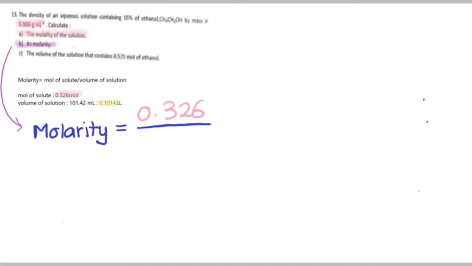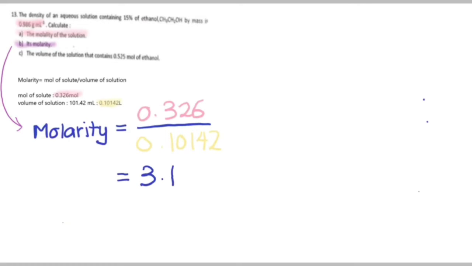Then we move to question B. Question B is we need to calculate its molarity. Just now was molality, and now is molarity. The formula of molarity is the mole of the solute divided by the volume of solution. So we need to find the mole of solute.